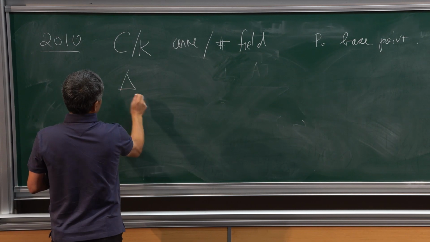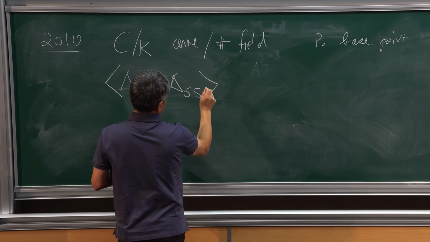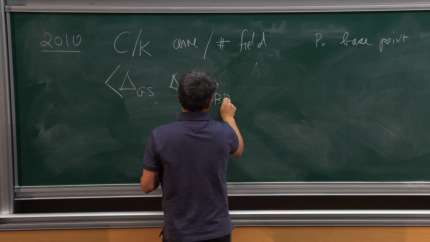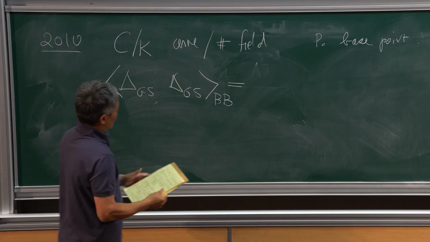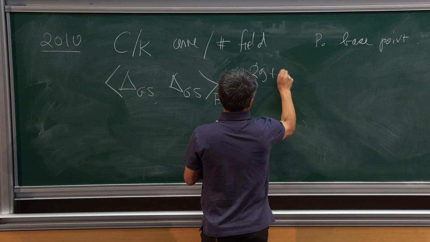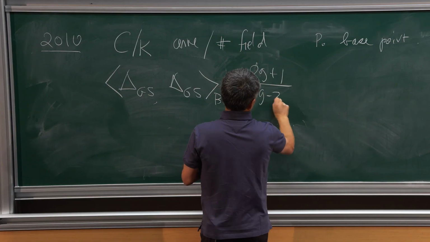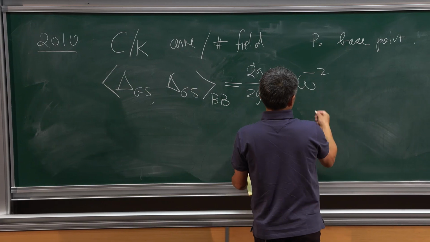So you have the Beilinson-Bloch height of Δ_GS, which has an equality with something that appeared in the previous lecture: ω squared, the admissible one.